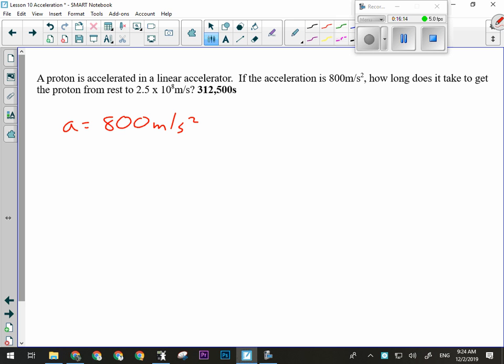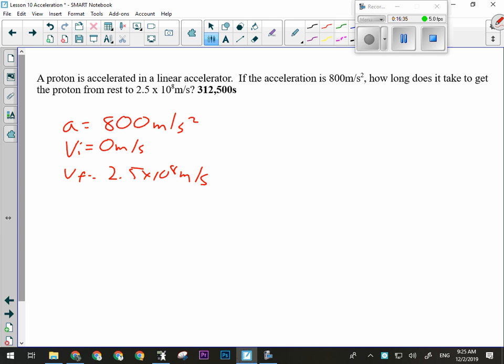We're looking for how long it takes to get from rest. From rest means that it started not moving, to a final velocity of 2.5 times 10 to the 8 meters per second. All right, 800 has how many significant figures? 3. How many does 0 have? All of them, right. And how many does VF have?